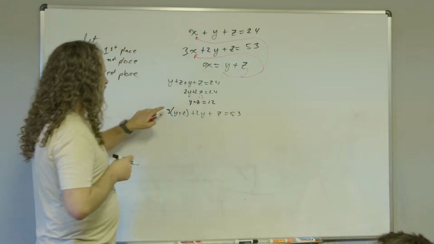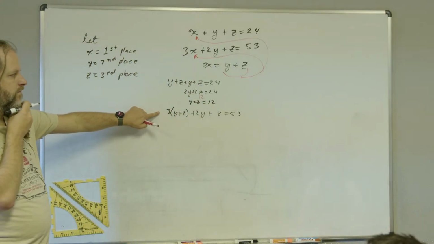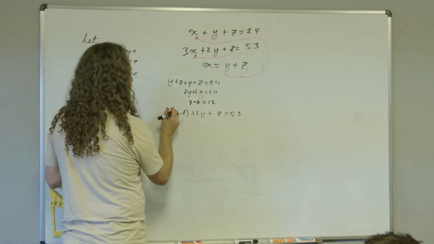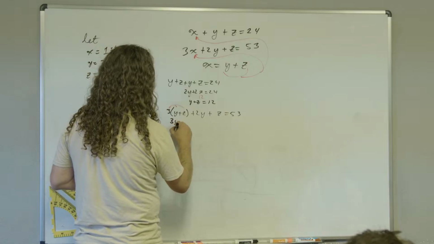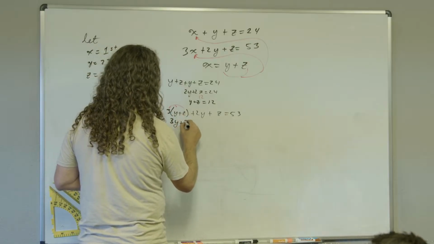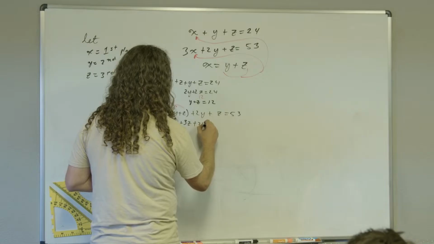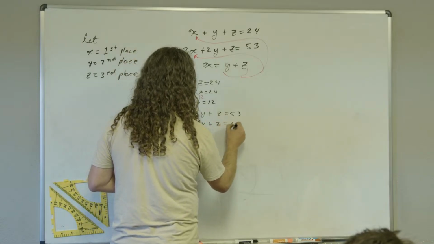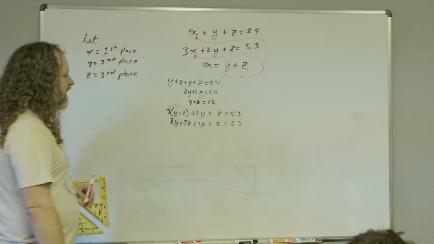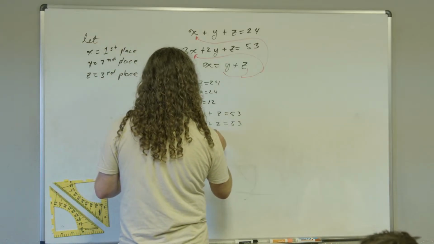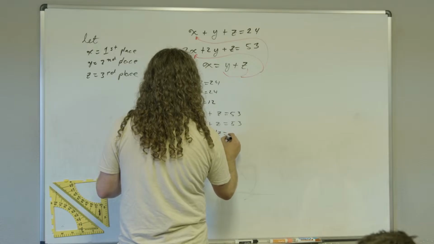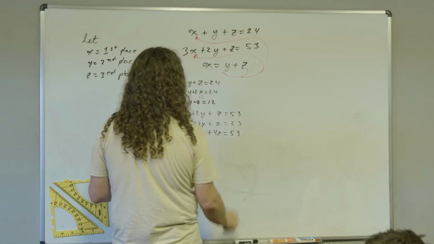Great. What will we do down here? Distribute. 3 times y is 3y. 3 times z is 3z plus 2y plus z equals 53. Like terms again, we've got 5y plus 4z equals 53.